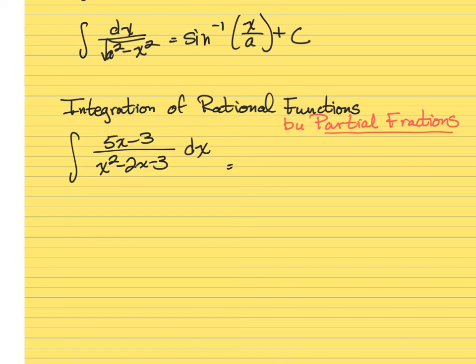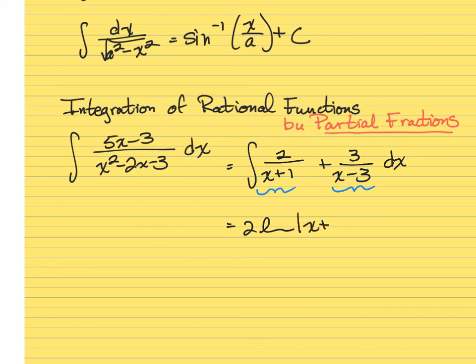And what we realize is this rational expression using partial fraction decomposition can be broken down into this right here. And again, I'll let you review the details of performing partial fraction decomposition. But once it's in here, we can integrate each of these different pieces separately by substitution, and we'll end up with 2 ln of x plus 1 plus 3 ln of x minus 3 plus c.